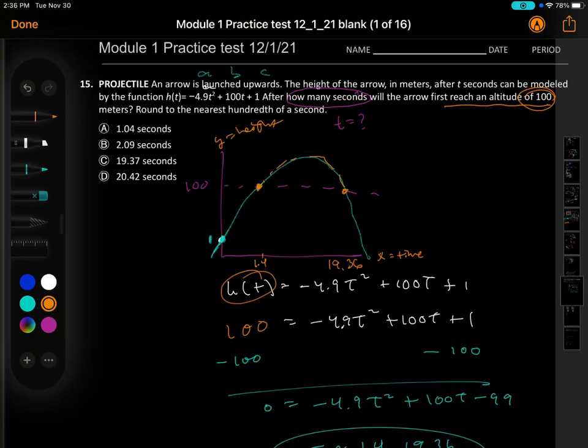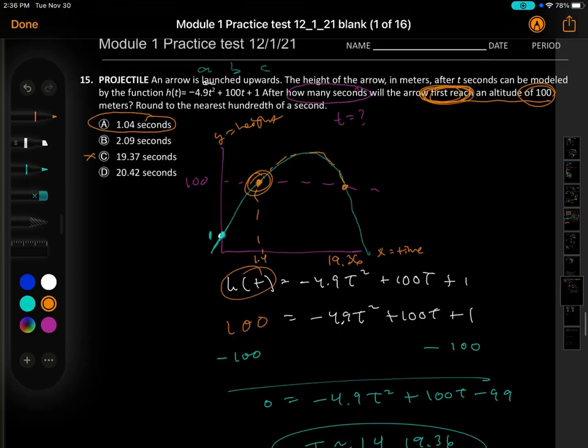And then your only choice is when it first reaches. So they're talking about the first time, which is right here. So that'd be this one. Pencil turned off on me. So not that one. Okay.